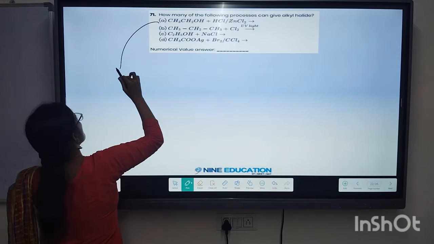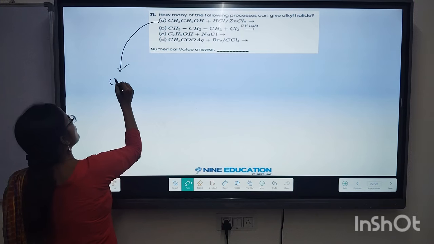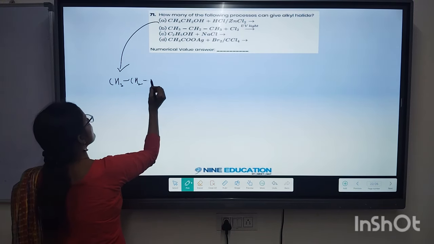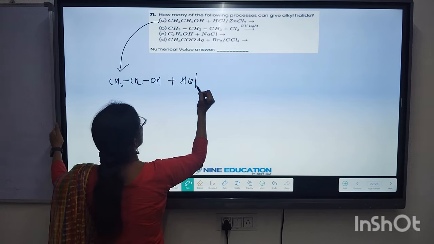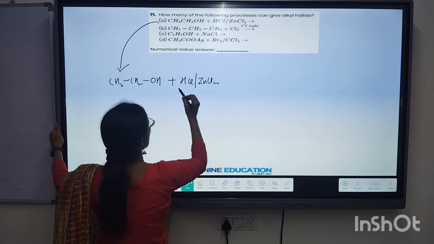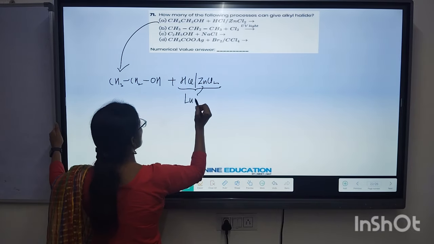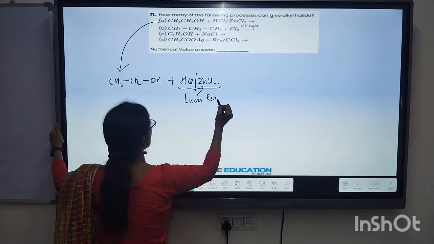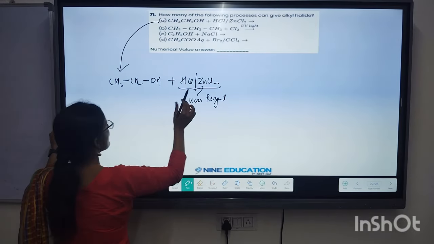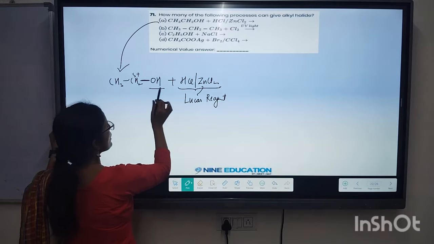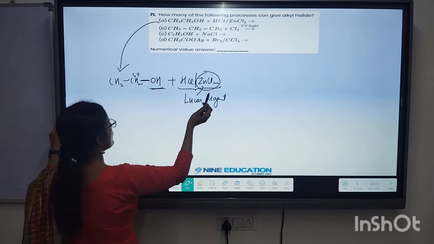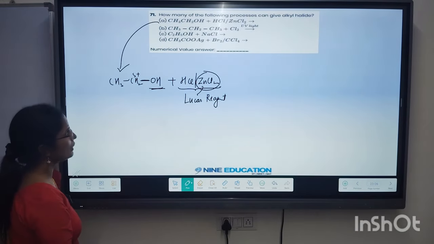If we look at the first option, we are having CH3CH2OH reacting with HCl, ZnCl2, and this is nothing but your Lucas reagent, and we know that in this case you are having carbon delta positive connected to OH, and this ZnCl2 simply makes your OH a better leaving group.